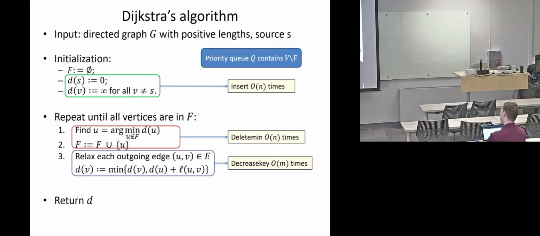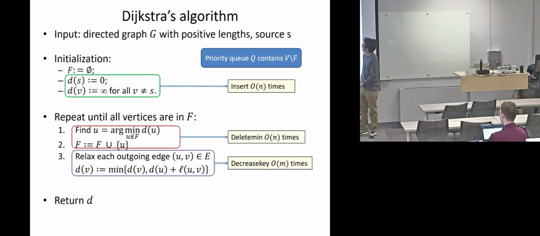And the updates you can do just by decrease key. So the priority queue basically contains all the nodes that are not finalized, and you keep decreasing their keys, and sometimes you take the minimum guy out.